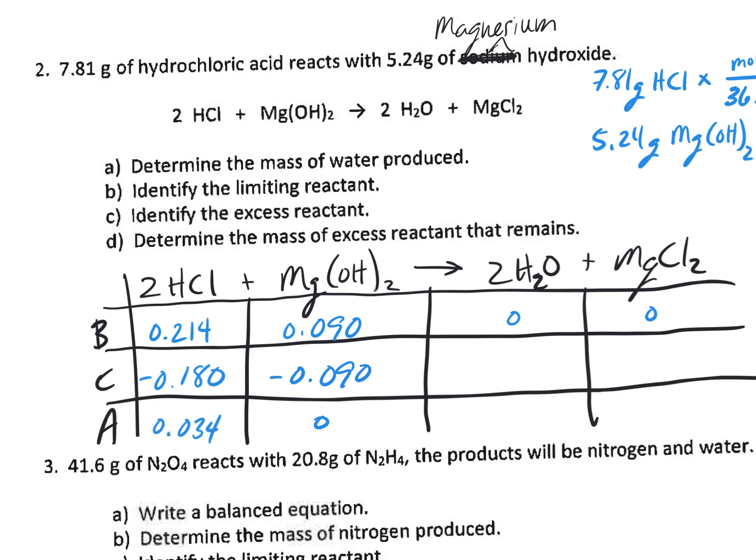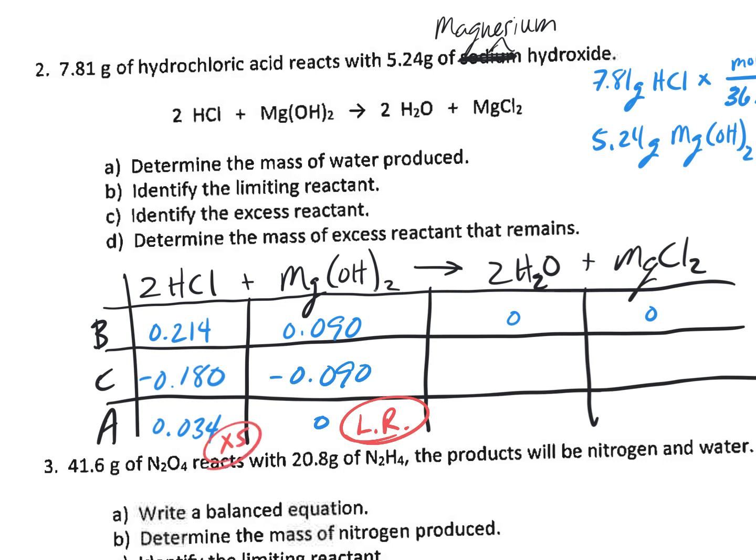So we're going to end up with 0.034 moles of HCl excess. So that makes, here I'm going to write this in red, magnesium hydroxide is our limiting reactant, and this is going to be excess. I'll just write XS for excess.